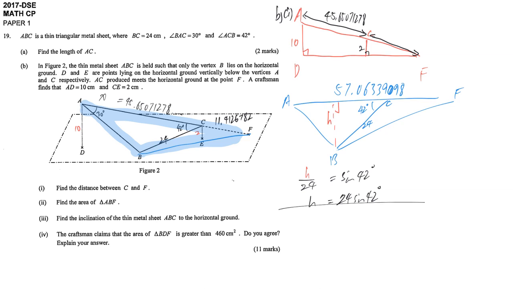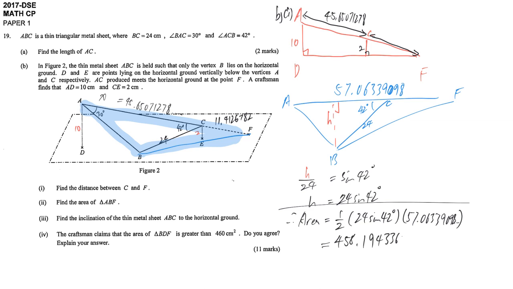Therefore the area is equal to 1/2 base times height, which is 458.1943369.